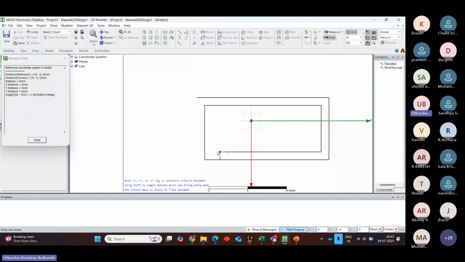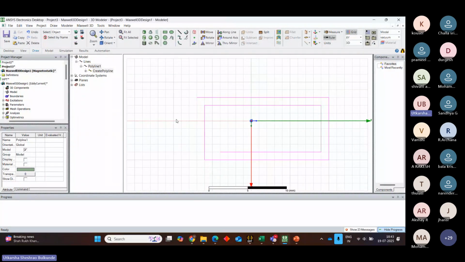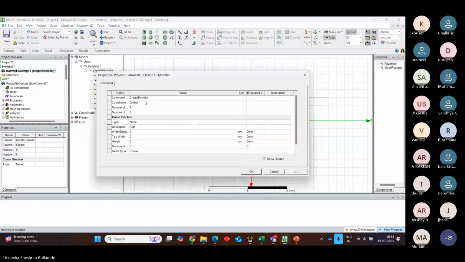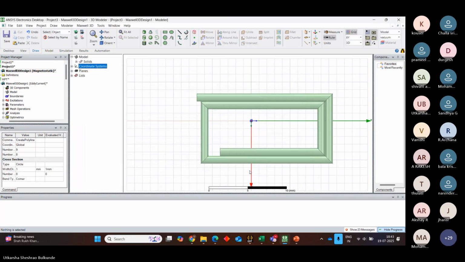And then what you can do is you can just change its type to circular and then give some width to it, right? So in this way also you can draw your rectangular coil.